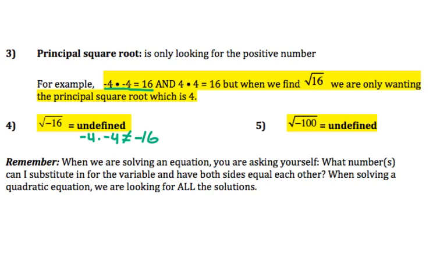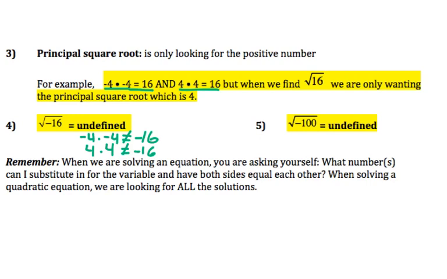And what about 4 times 4? 4 times 4 is also positive 16, so that's not equal to -16. These are the only two possibilities we know of that could give us a 16, and neither of them give us a -16. So there's no possible solution here from our real numbers, so we say it's undefined.